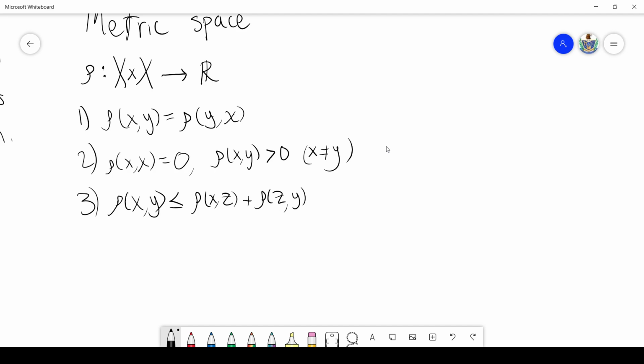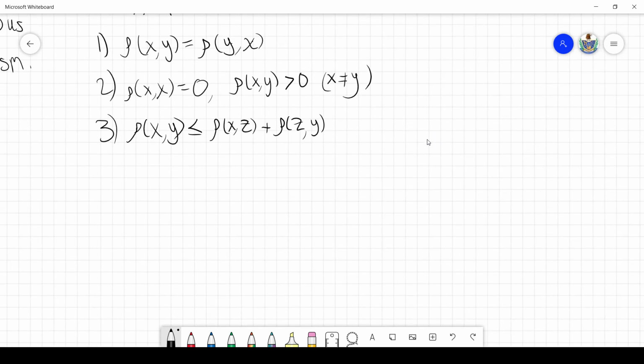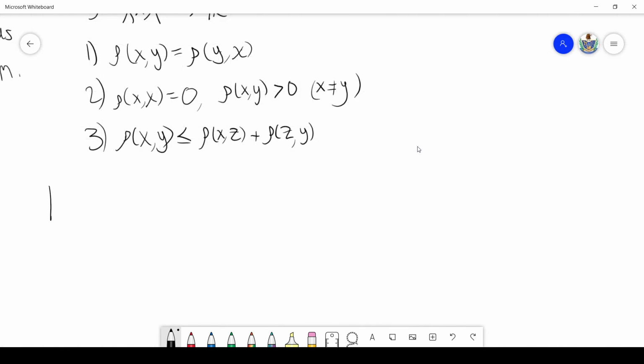And this intuitively makes sense. An example of this is on Euclidean space, where we have the metric given by the normal distance function, which is a generalization of the Pythagorean theorem.